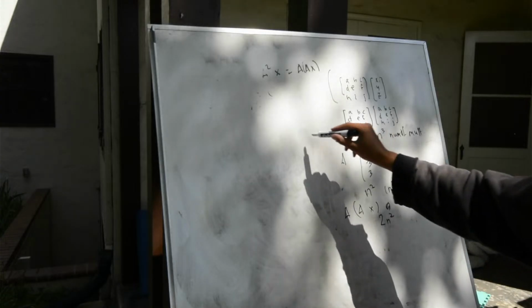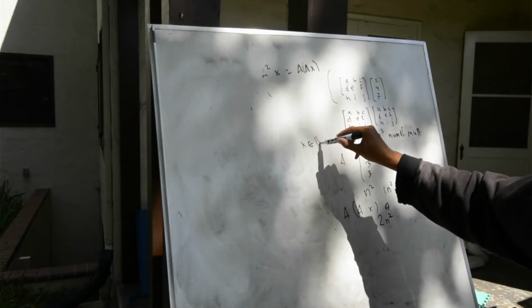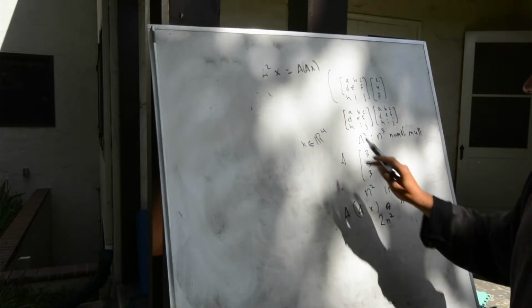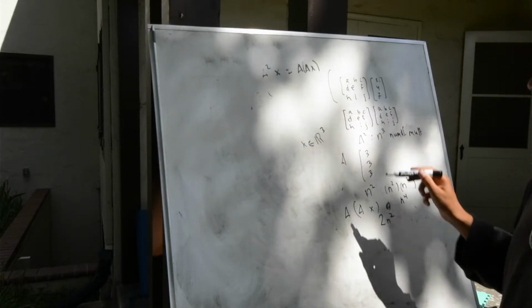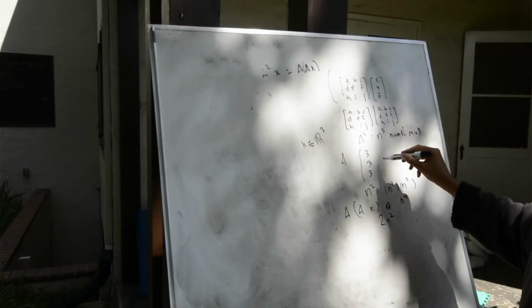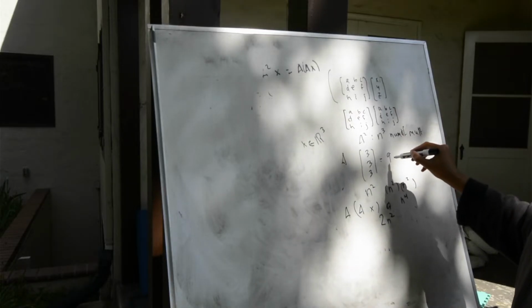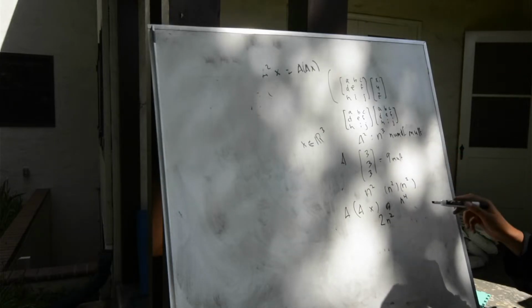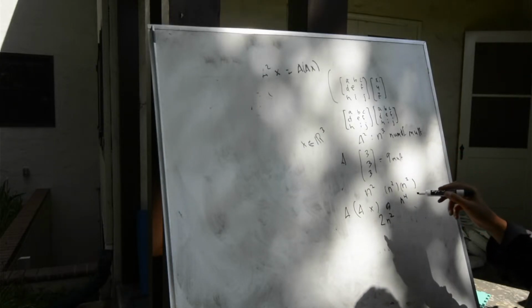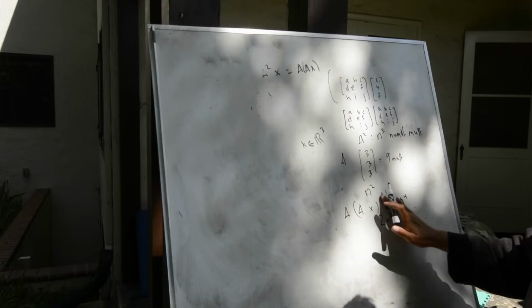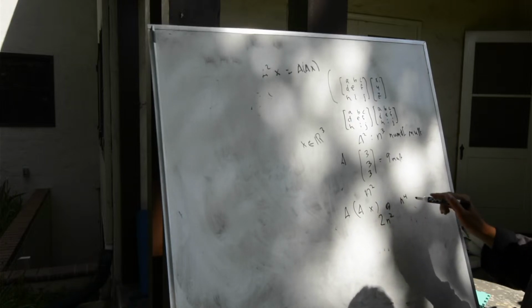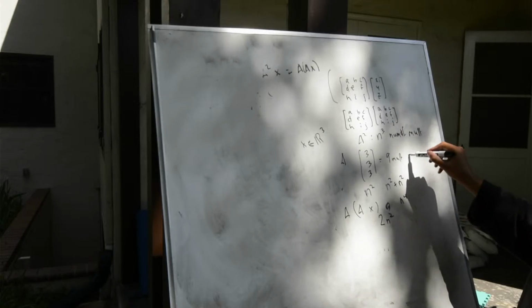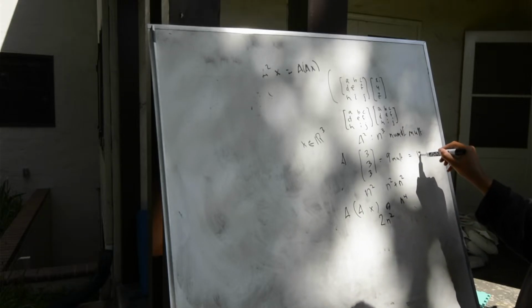So if x was in R4, well, let's just do R3 because it doesn't really matter. We should need 9 multiplications for Ax. It's not squared, because it's going to be n squared plus n squared. Yeah, so this is 2n squared, which is equal to 18.